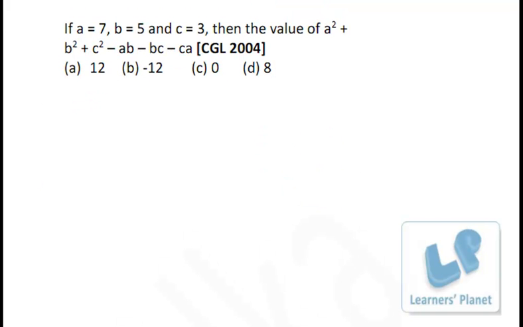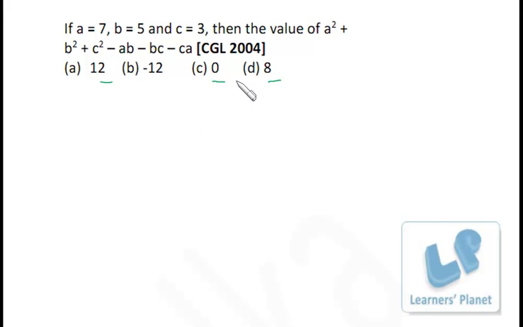Okay, A is equal to 7, B is equal to 5, C is equal to 3, then what is the value of this? Instead of making the entire calculation, I just calculate the unit digit. So the options are 2, 0 or 8.